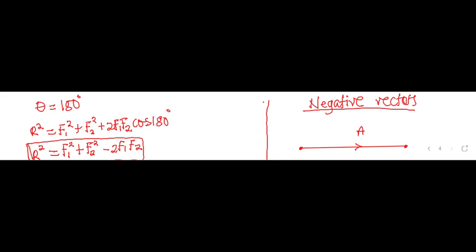Two vectors A and B of equal magnitudes of 10 units and an angle of 60 degrees between them.